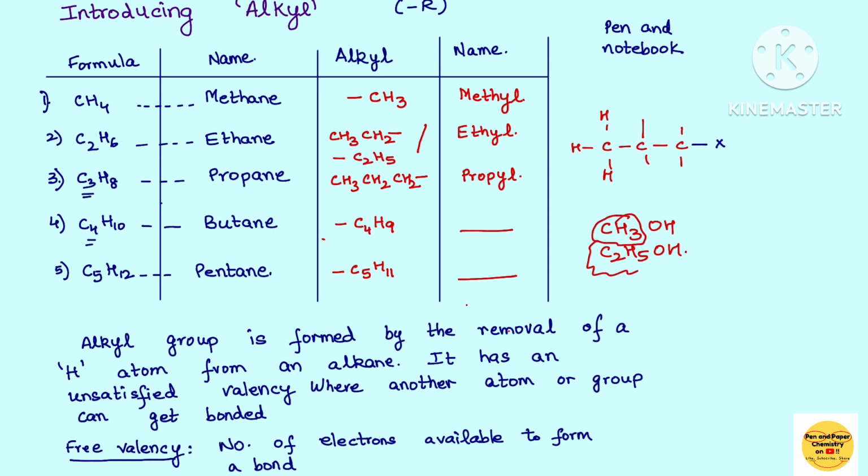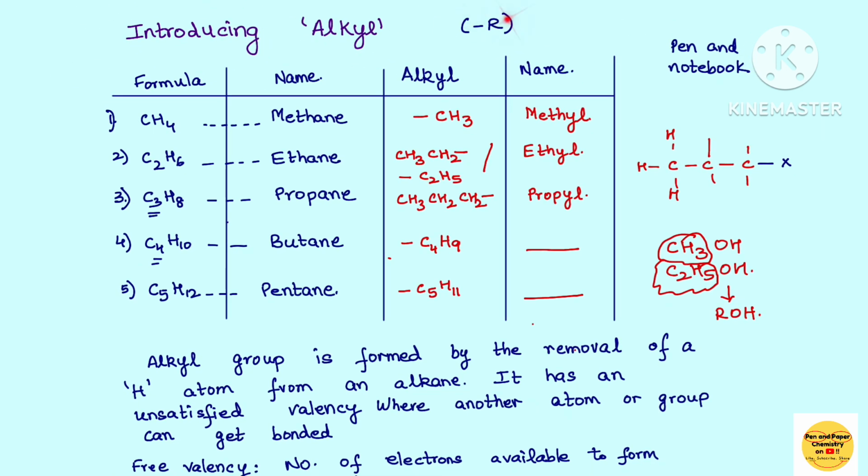You see the C2H5 is an alkyl group. In general, we will represent alcohols as ROH. R is the simple or generic alphabet used for alkyls.